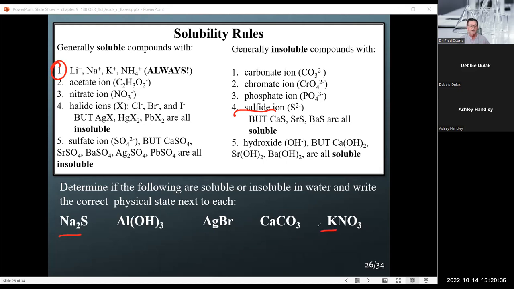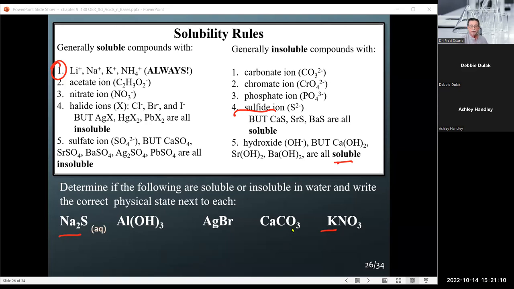So sodium, potassium, 100% of the time, always soluble. And so the first one would be designated as AQ because it is soluble. The second one is the hydroxides. There's only the big 4 and the other 3 that are soluble, and that means that all the other hydroxides are insoluble.